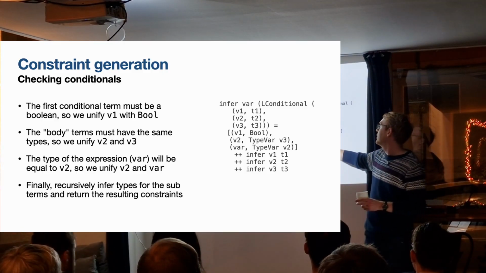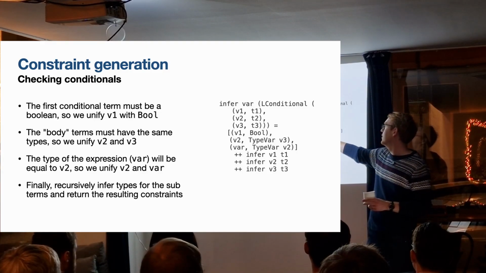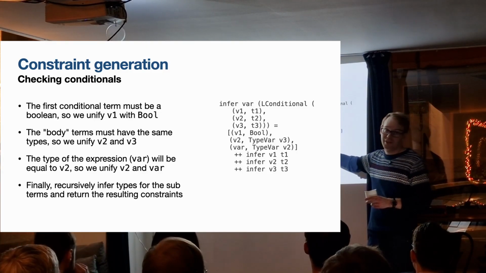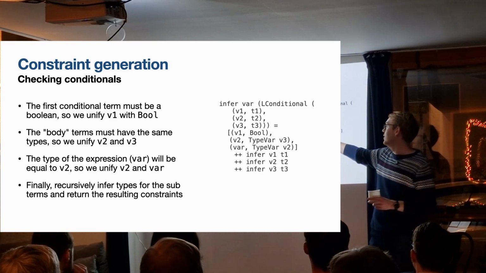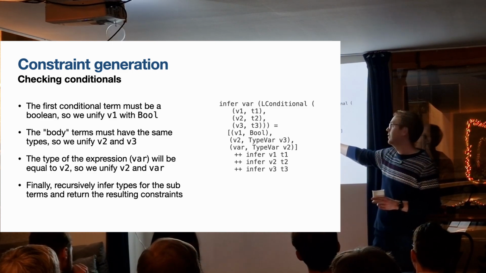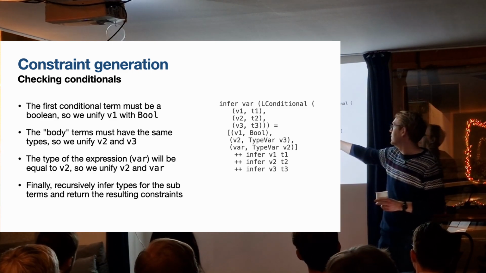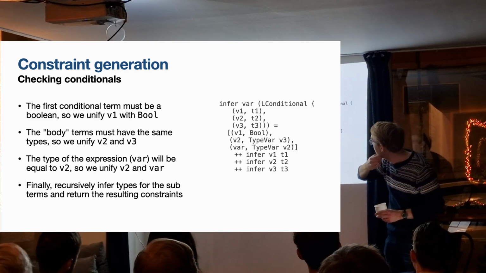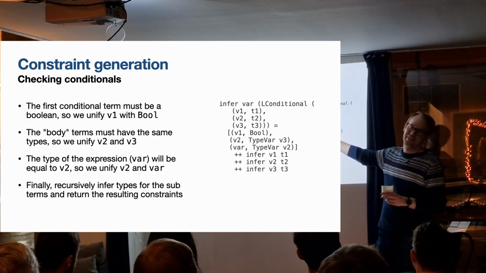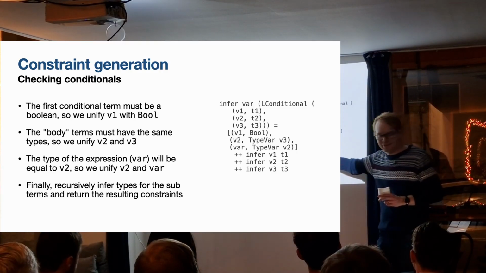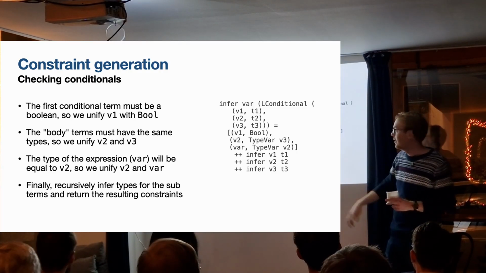So we say that the first variable must have the type bool, and the second variable, v2, must be equal to the variable v3, which represents the second body term.